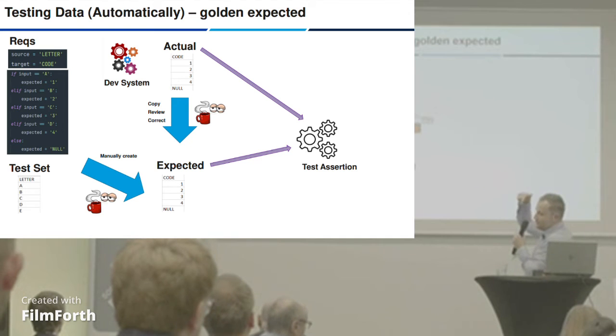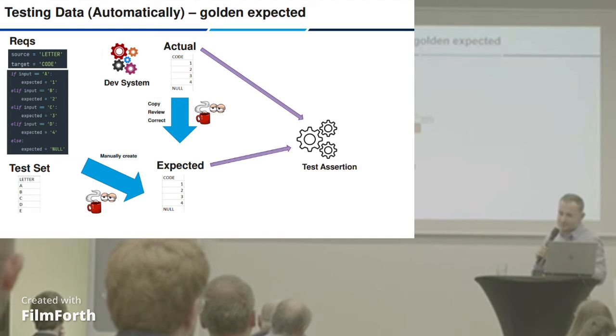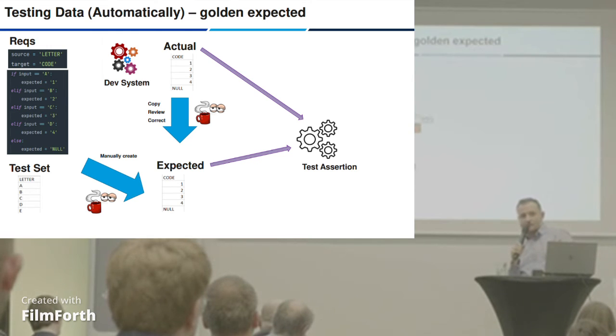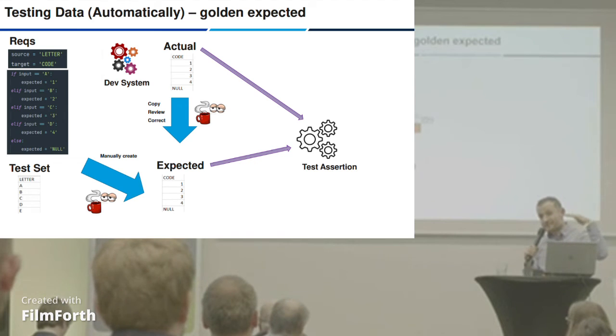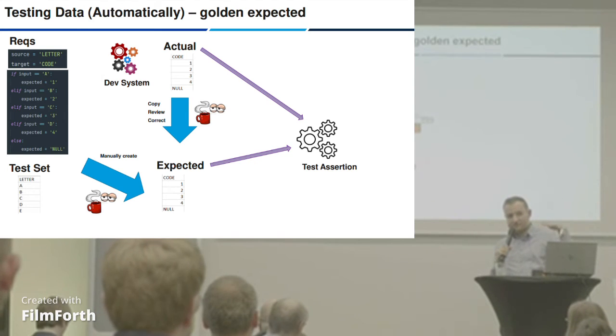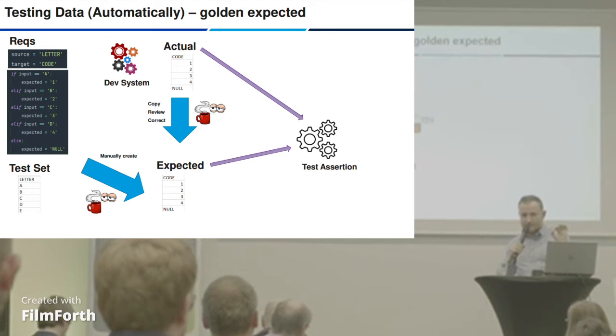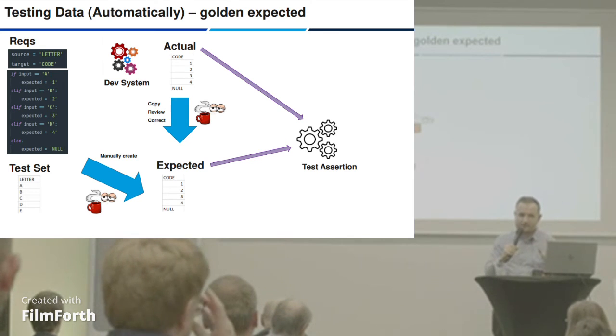And we can do it better, but it's still not perfect. We can just copy the actual, review this data, and correct it if we need to. At that stage we can detect bugs when we review and correct it. But it's not an official test. It's only a review and correction.